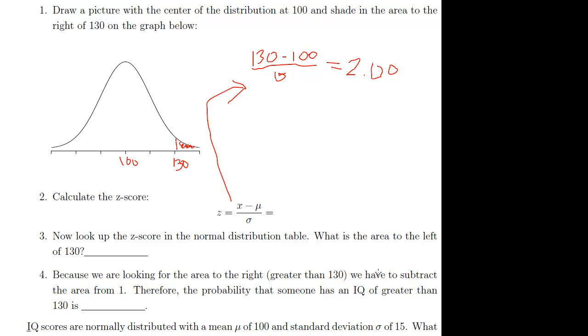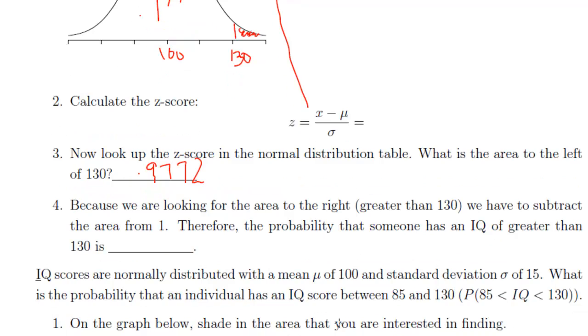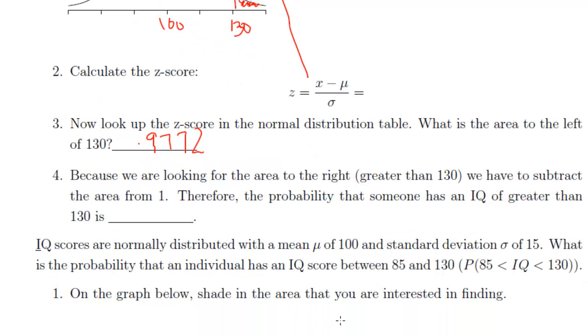So I'm going to go back to my notes, and I'm going to write in the area to the left here. So 0.9772. However, that's the area to the left. That's this area right here. We want this area to the right. So we know the area under the curve is 1, so I can use that information to get the area to the right.